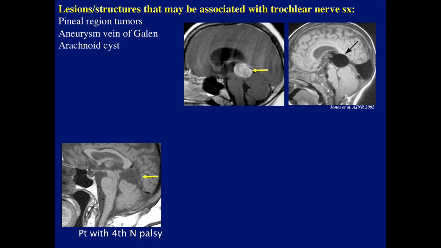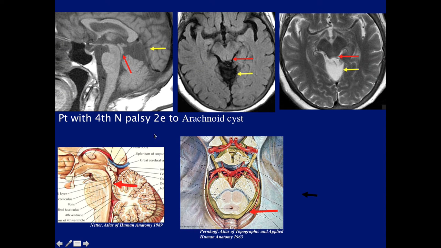Okay, here's some possible lesions that may be associated with trochlear nerve symptomatology. Here's a large pineal region tumor, an aneurysm of the vein of Galen, and here's an arachnoid cyst. This patient definitely had fourth nerve palsy. And we can see why if we look at the axial images.